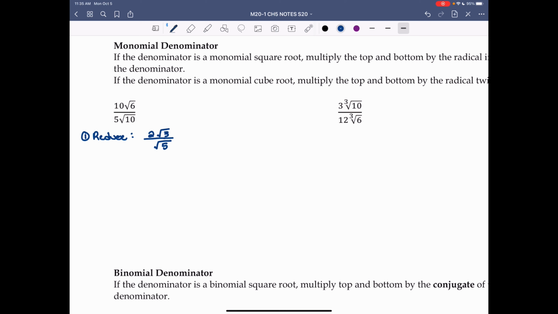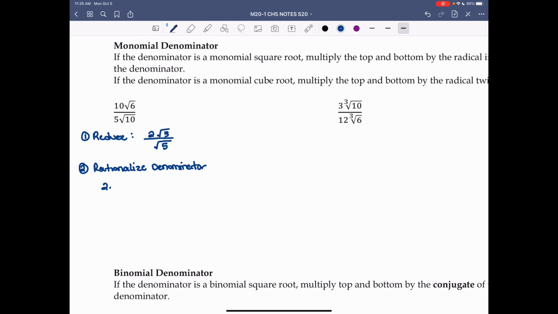Now we're on to step 2, we need to rationalize the denominator. We have a square root on the bottom of our fraction. We want to multiply top and bottom by that square root again.